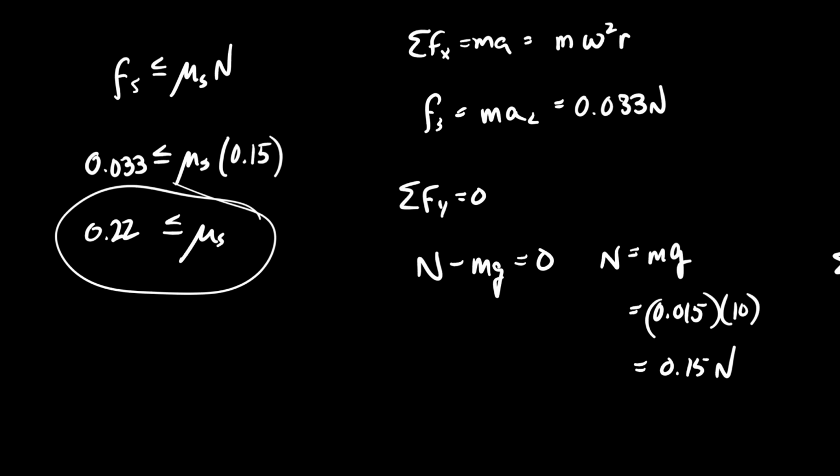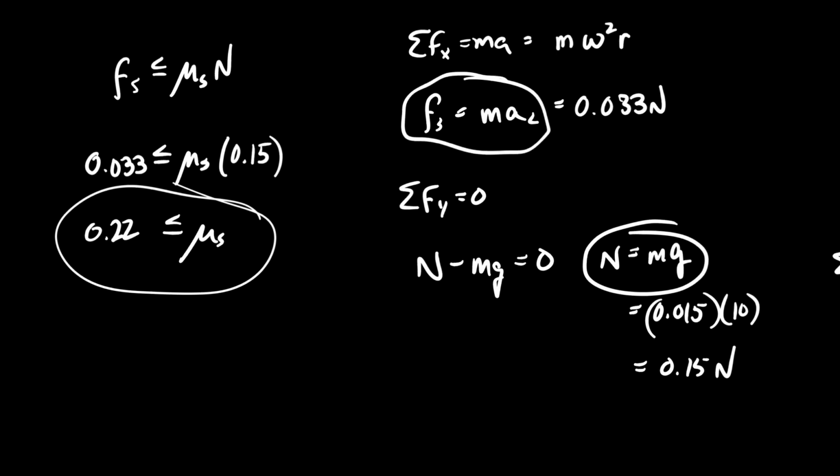Now, I don't know if you know how to do this portion of the problem. We're not really starting over. For example, we know that the normal force equals mg. And we know that the frictional force equals m a_c. You guys see that?